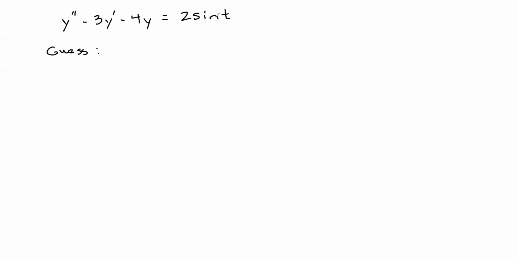Well, isn't the second derivative of sine something that looks like sine? So what you've got is a combination of sines and cosines in your guess. And that's because these are the things whose first and second derivatives could end up looking like sine of t. So that's why you guess them. Hopefully that makes sense, right?